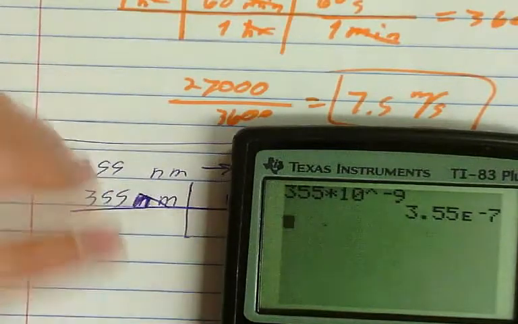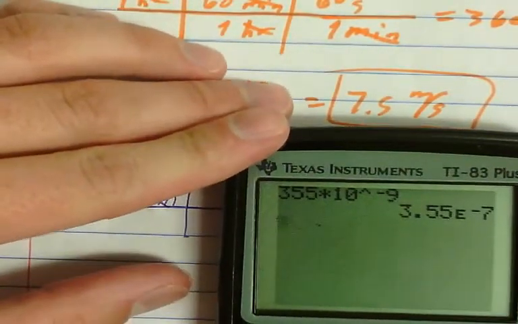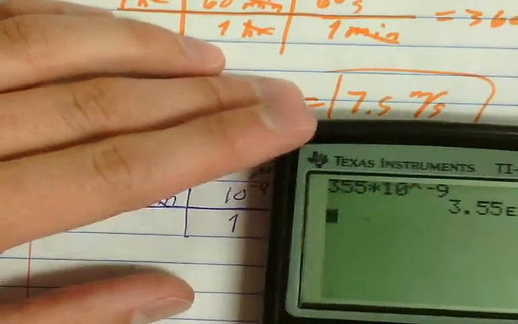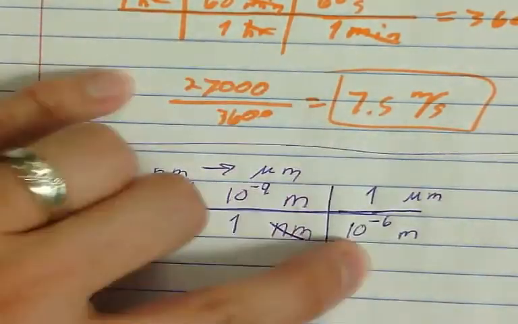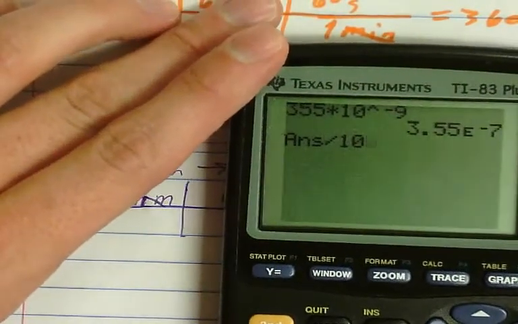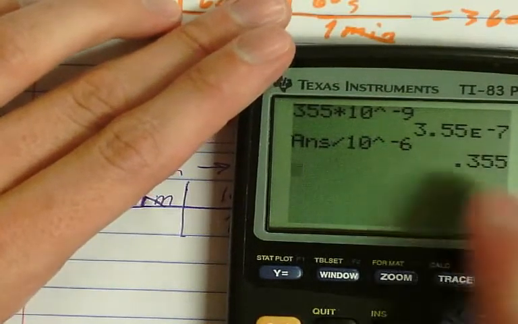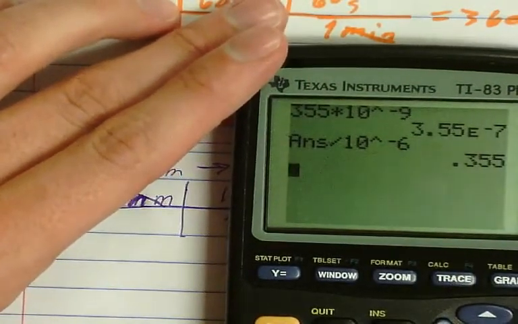Mine's in scientific notation, so I'm just going to leave it that way. Don't worry about the exact number. Just make sure you can do the math. Then I'm going to divide that by 10 to the negative 6. And there's the answer, 0.355.